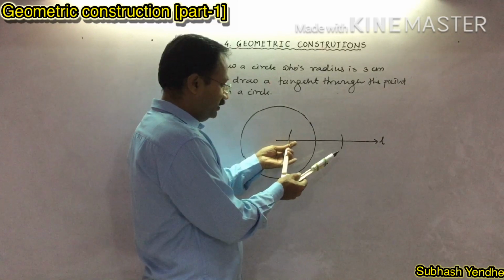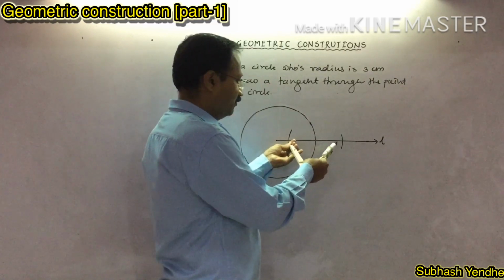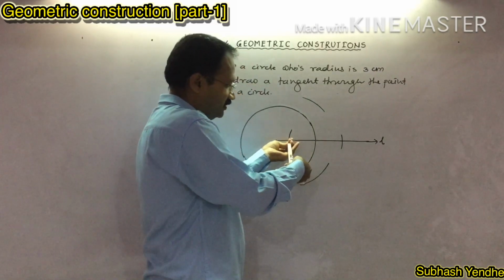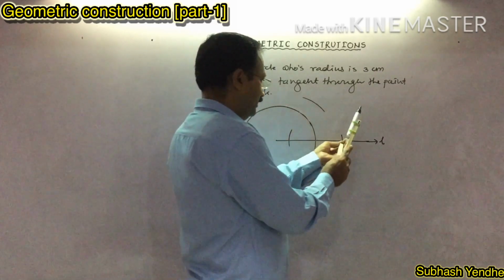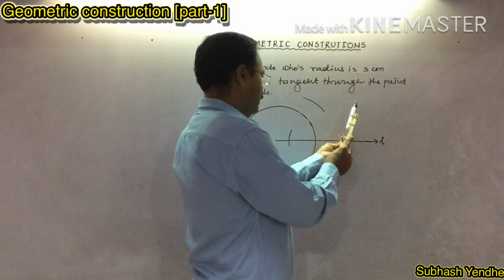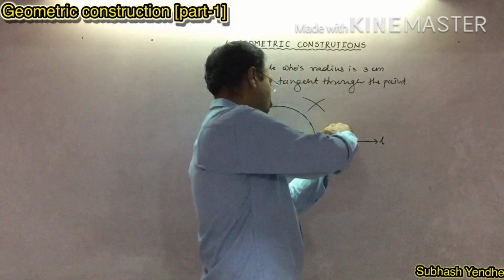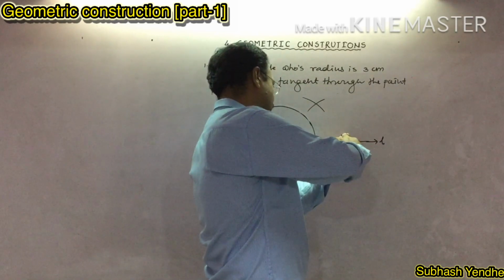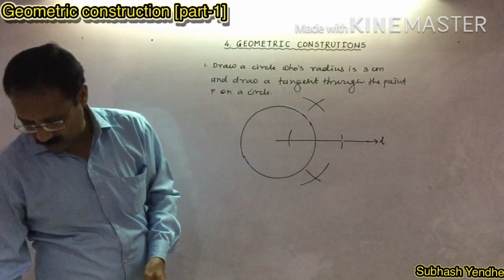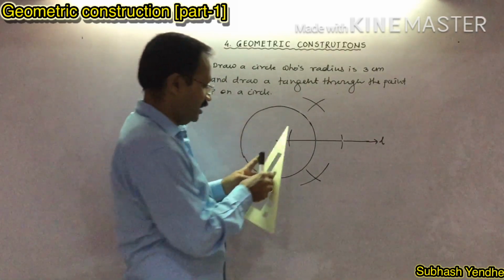So put the point here, take more than half, then make the arcs on the upper side and lower side, then again put the point on the arc and draw 2 arcs again, upper side and lower side, and then you have to join the arcs.